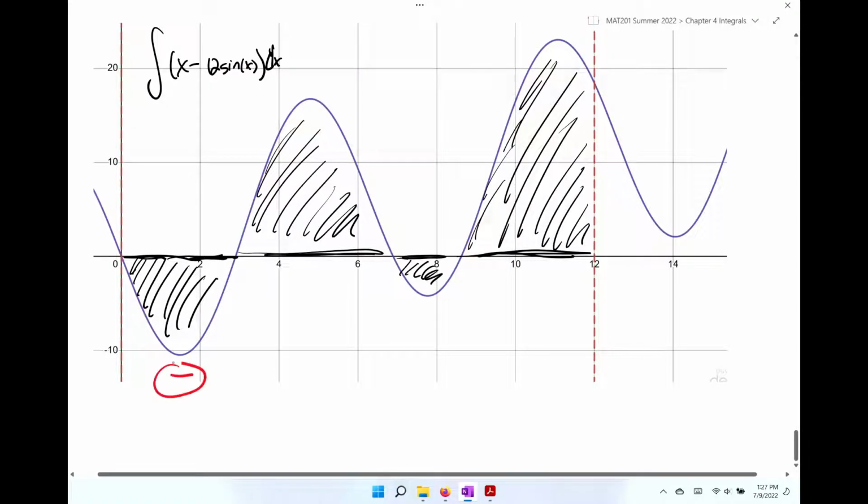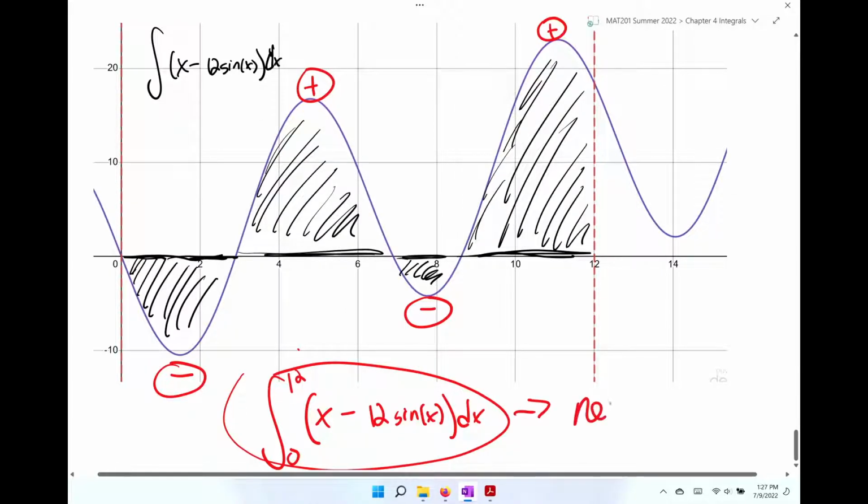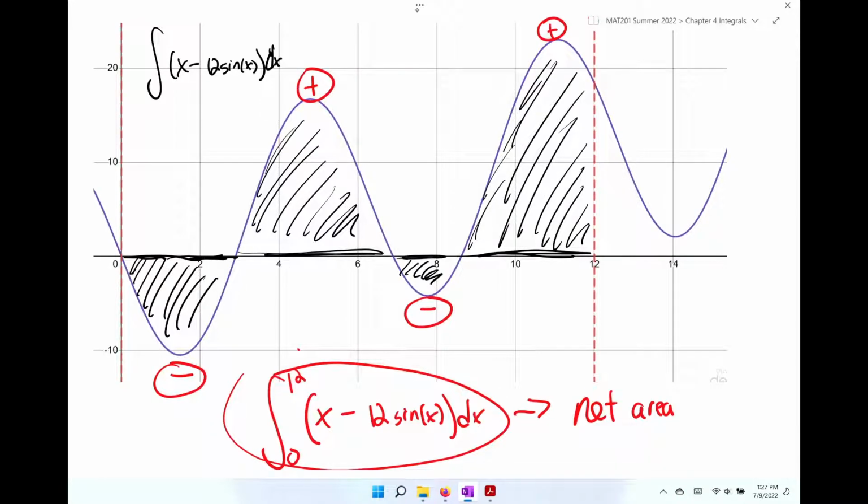this is below the x-axis, this is above the x-axis, this is below the x-axis, and this is above the x-axis. So what's actually happening here is when we integrate from 0 to 12, x minus 12 sine of x dx, this is giving us our net area from 0 to 12, which means we're adding these two areas together here.